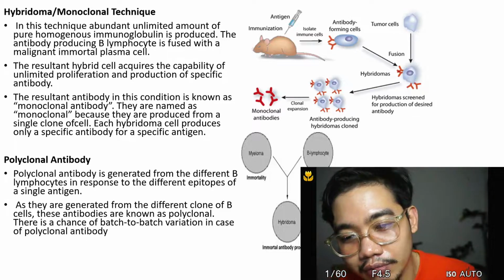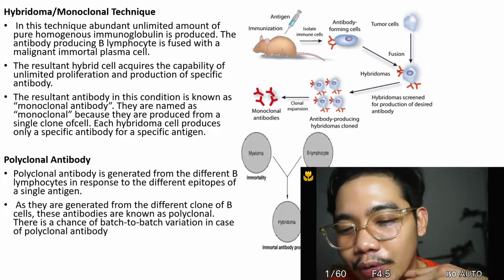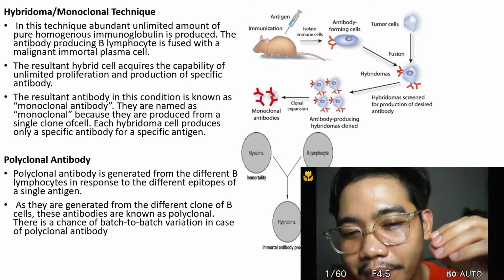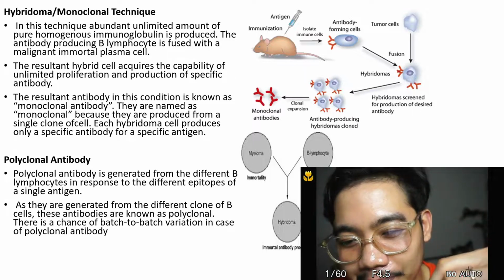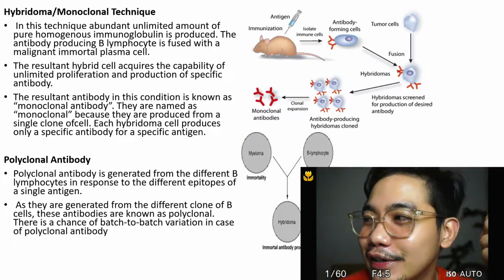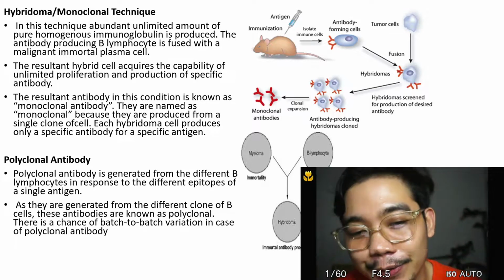I don't know if it's related, but who would think of taking a tumor cell and combining it with a mouse plasma cell to produce lots of antibody? It's hard to imagine, but it's still the process we're doing right now.